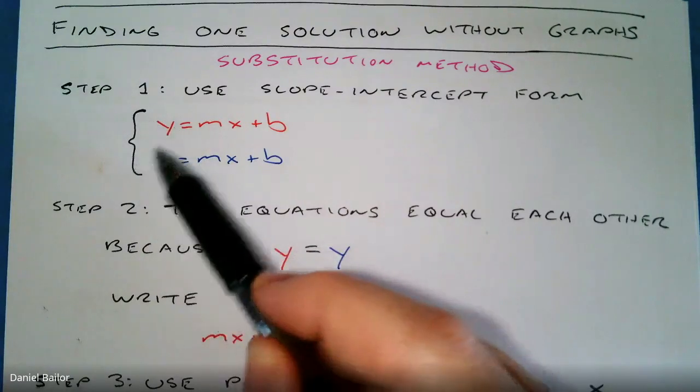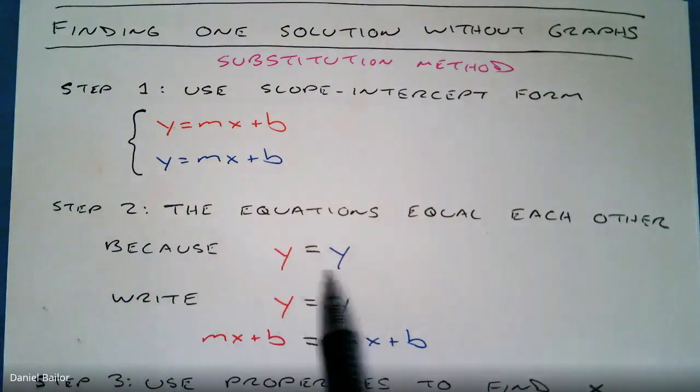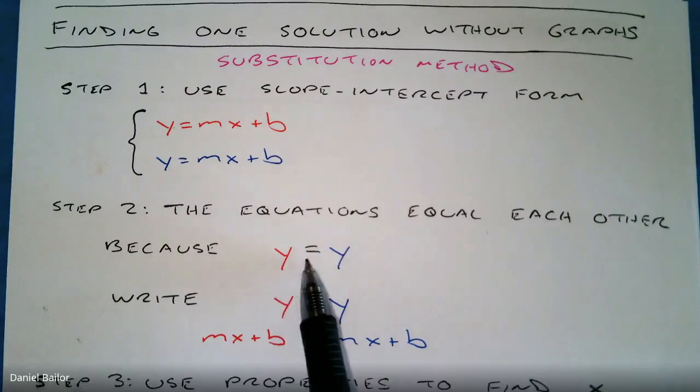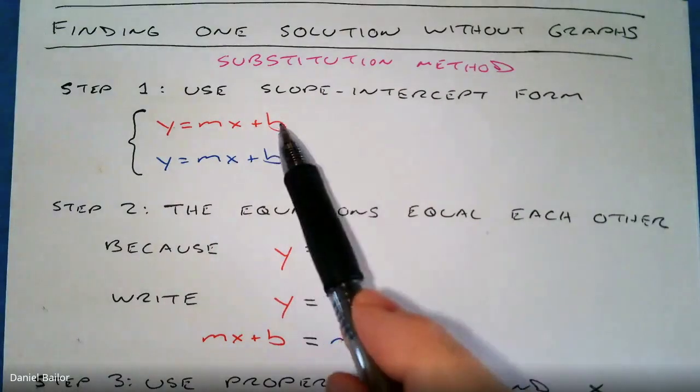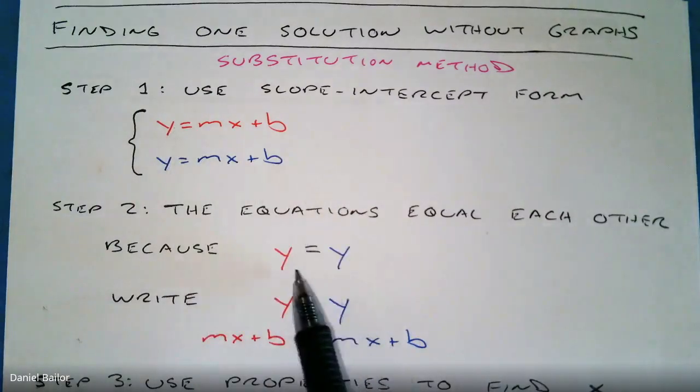The system tells you the y's are the same. So step 2, you have to remember that red y equals blue y. The red equation and the blue equation, the red y equals the blue y.